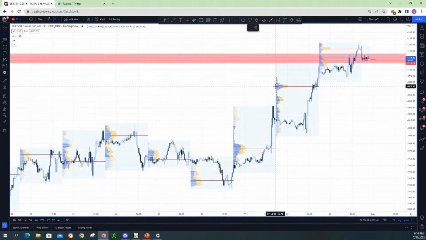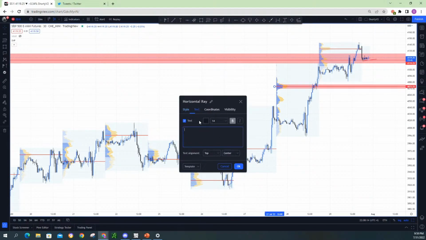So we have a VPOC right here on ES, sorry, not SPY. So 4073, we have an area that we can look for the retest, and we saw that 4080 earlier was fairly important. So what I like to do, as you guys know, this becomes my VPOC.